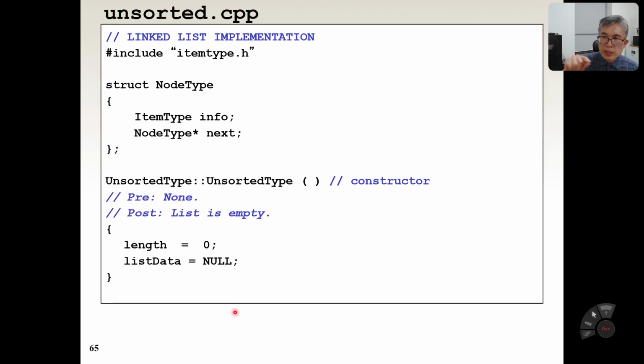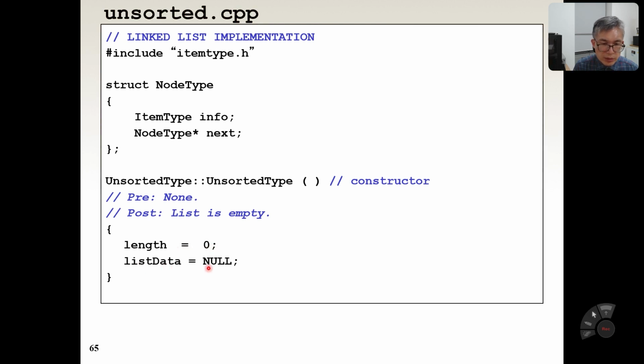Otherwise, we can iterate, traversing from the start of the linked list to the last node. The last node's next pointer is null, right? So we would have to count every time. That's why the length field indicates the size of the unsorted list. Length can be easily found.